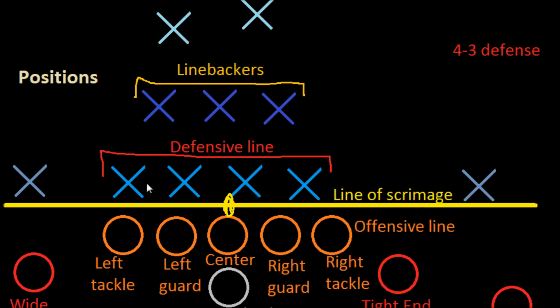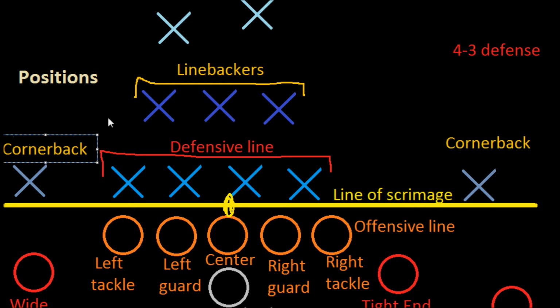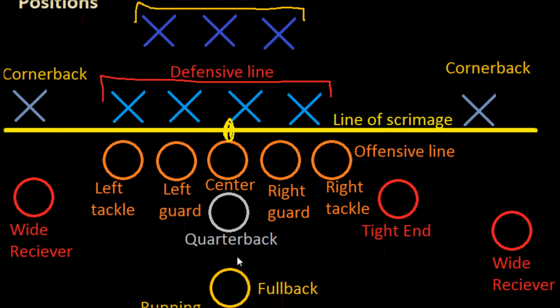So this is where you get the 4-3, and then on both sides, usually defending our wide receivers here, we have the cornerbacks. This is a cornerback, and this guy opposite him is also a cornerback, not to be confused with the quarterback.